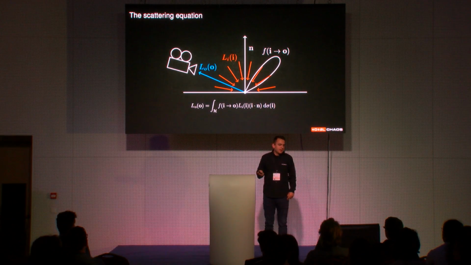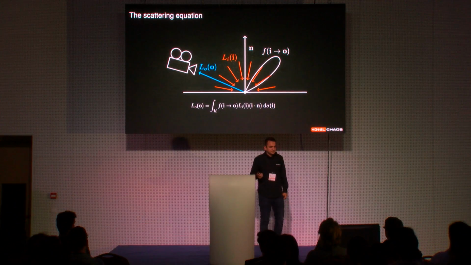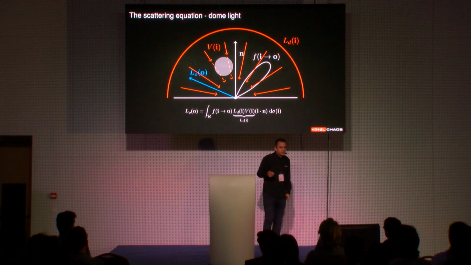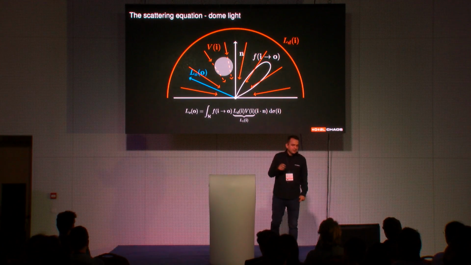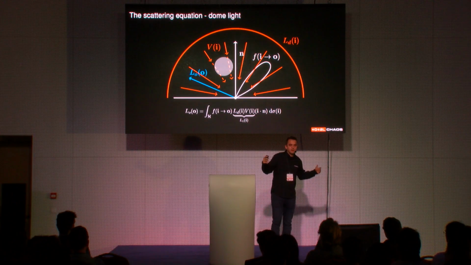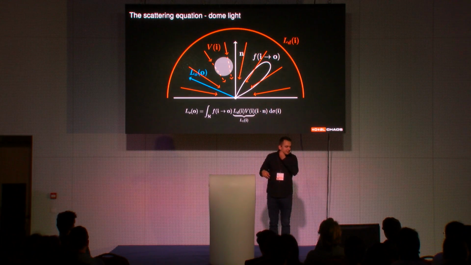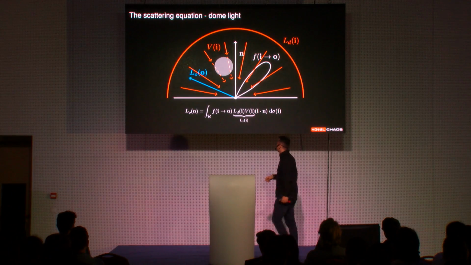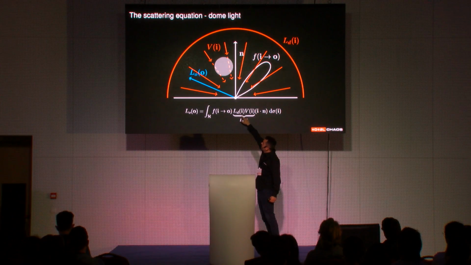Today I'm going to speak of how we solve this equation. Now, in the special case of dome light, the dome light here is the orange. All the light is coming from all different directions, and I have exchanged here the light incident at the point with the light which is coming from the dome light.